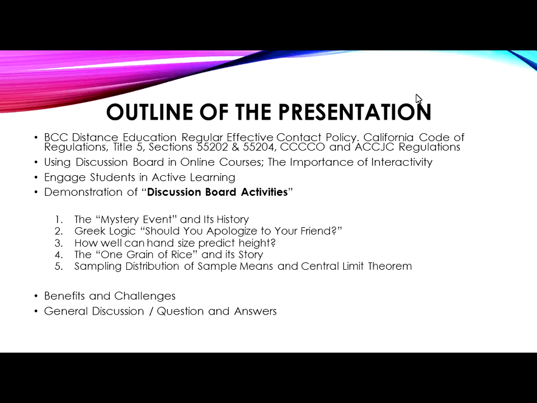Basically, we are mandated that our online courses have the same quality teaching as if they were face-to-face, and we are required to have a local policy relating to regular contact. We reviewed and modified ours this semester, and I want to share part of it with you because it relates to what I'm going to be talking about today.